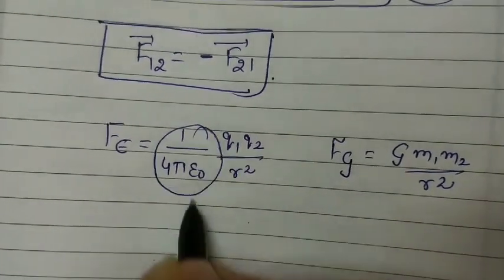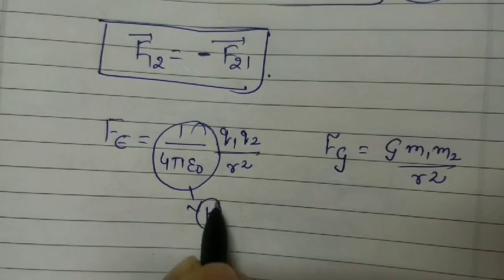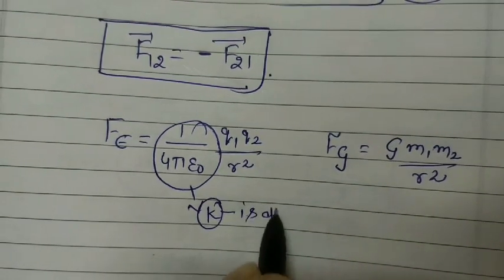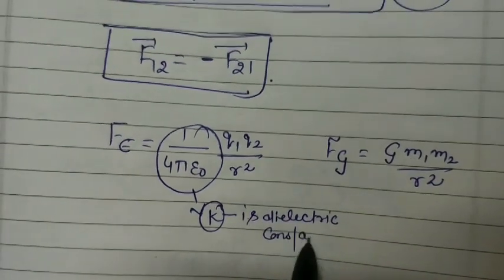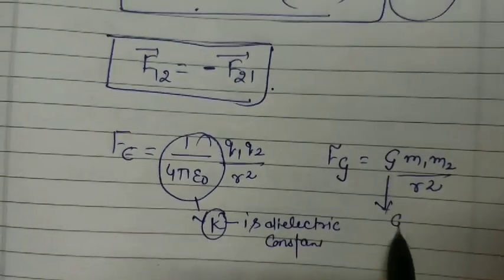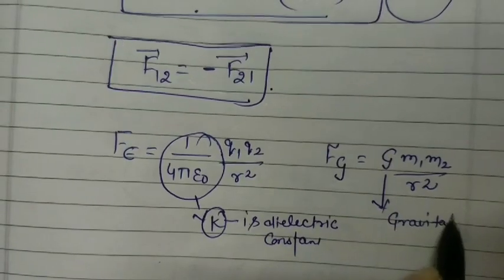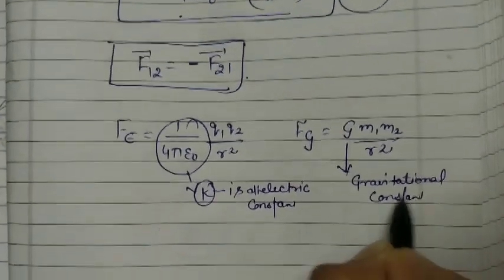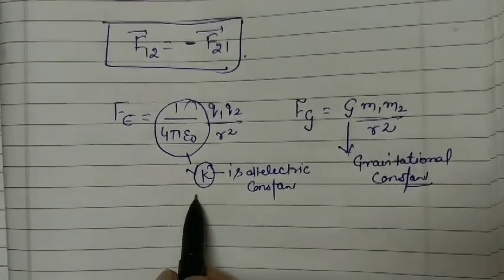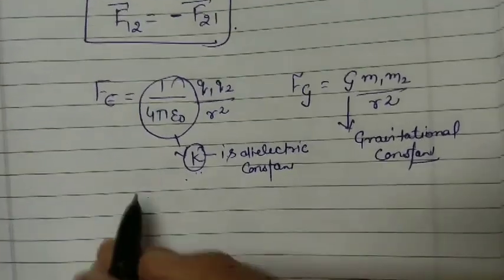Here 1 upon 4 pi E naught, which is equal to K, is a dielectric constant, and G is a gravitational constant. This is the universal gravitational constant whose value is given, and K depends on the medium.